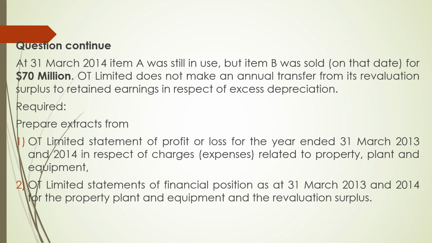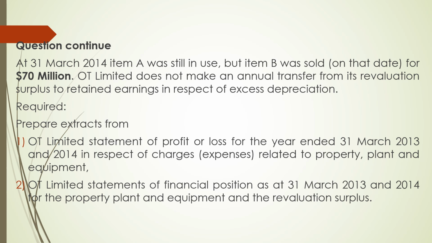At 31st March 2014, item A was still in use, but item B was sold on that date for $17 million. OT Limited does not make an annual transfer from its revaluation surplus to retained earnings in respect of excess depreciation. So we have two requirements.